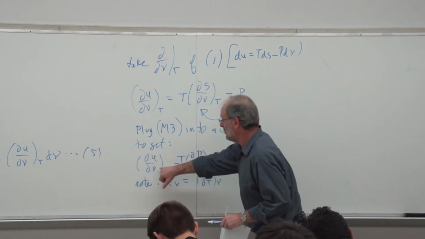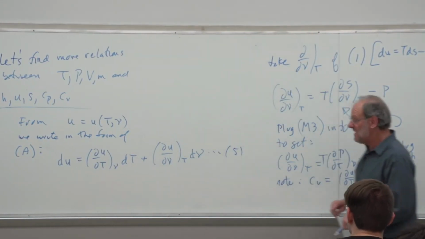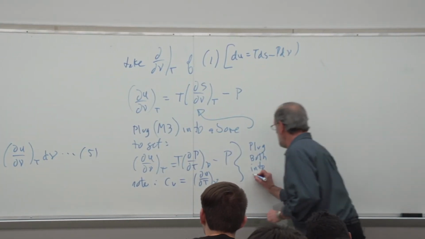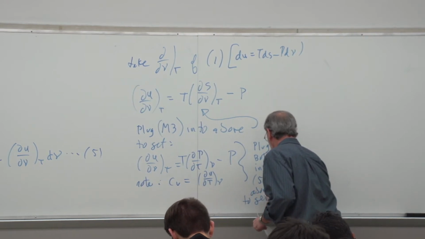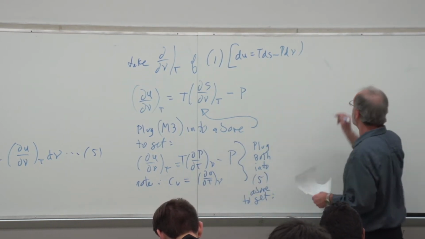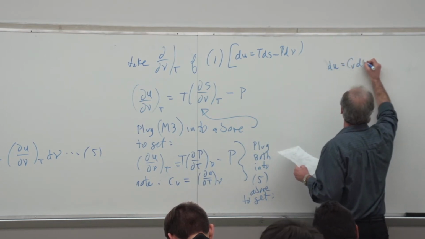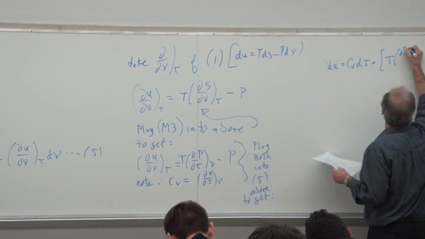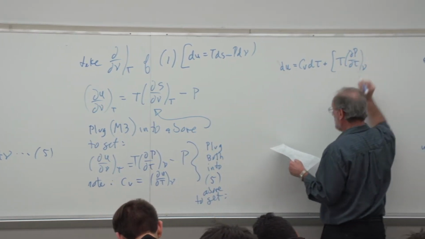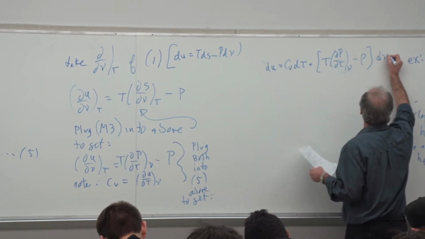After all, we have a del U del V t term here, and we have a del U del T v term, which is Cv. So I'm going to plug both those into 5 above in order to get the following. And we get du equals Cv dT plus T del P del T v minus P dV.